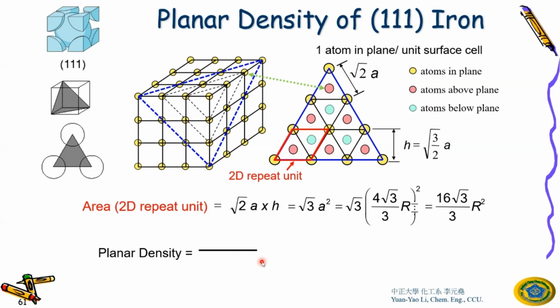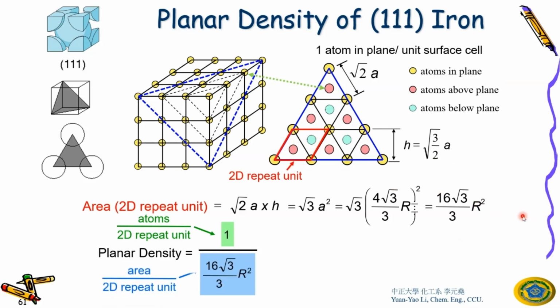So the planar density is what? How many atoms? I just told you there's one. And then you need to know the area of the repeat unit. And then R, the radius, is 0.1241 nanometers, as I just showed you in the previous slide.